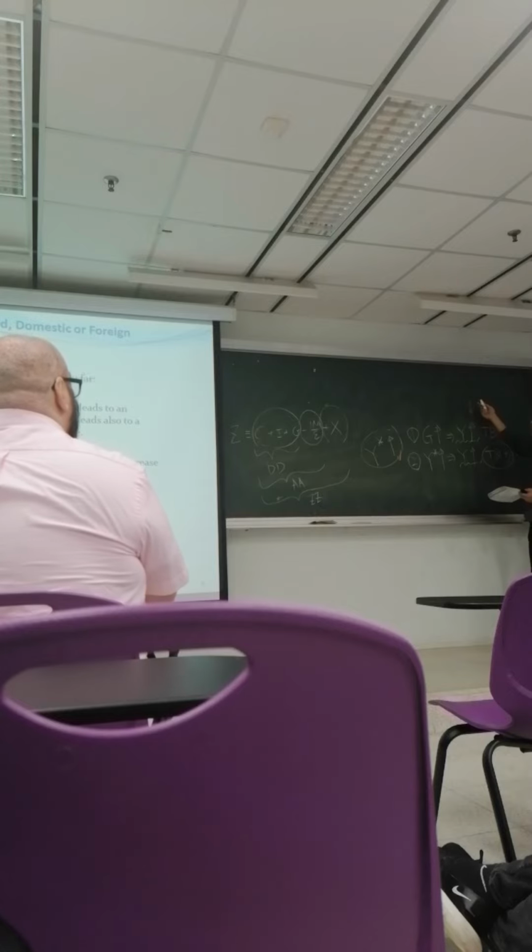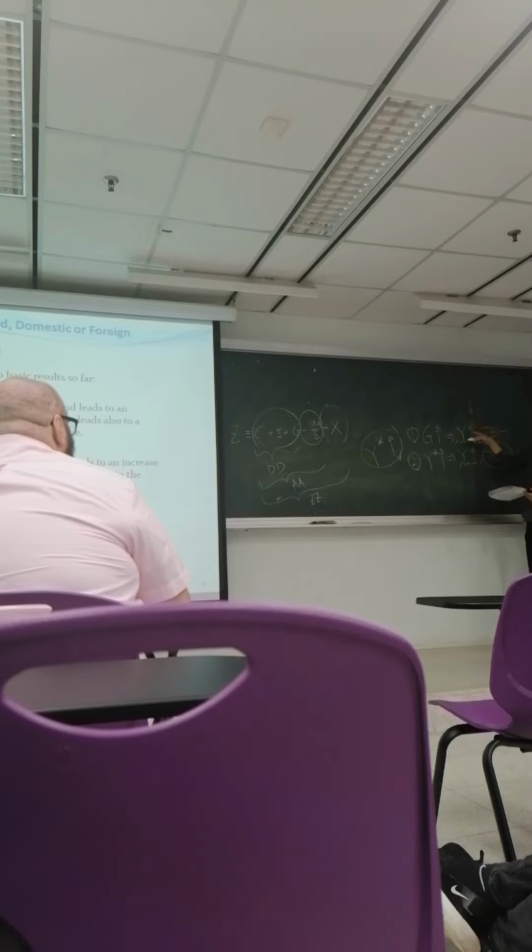But for other countries, if they do nothing, then they will find that their output rises, and they will have a trade surplus. We are doing this thing, and we are hurting, but others do nothing. So here you'll find that Y star will rise, and the foreign trade balance will be positive.